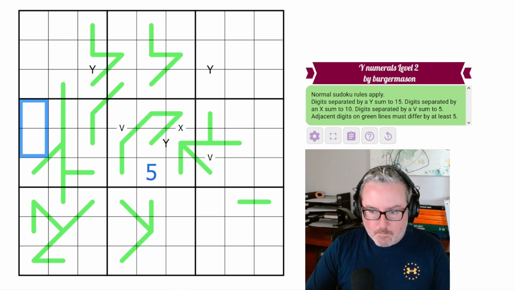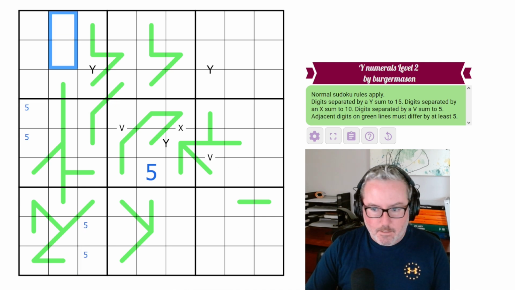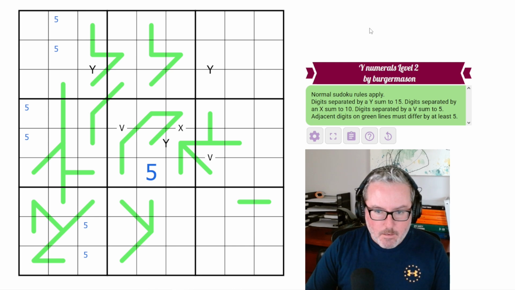One of these must be 5. One of these is 5. One of these is 5. And we might not get too far beyond that at the moment, but that's okay.